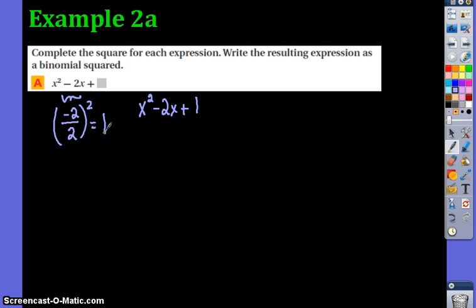But then remember, they wanted us to rewrite the resulting expression as a binomial squared. So we would have x minus 1 squared as our resulting binomial expression. And that's all they wanted us to do here.